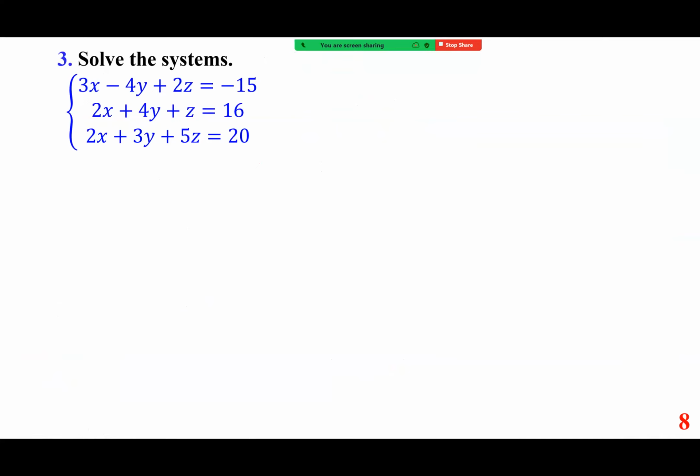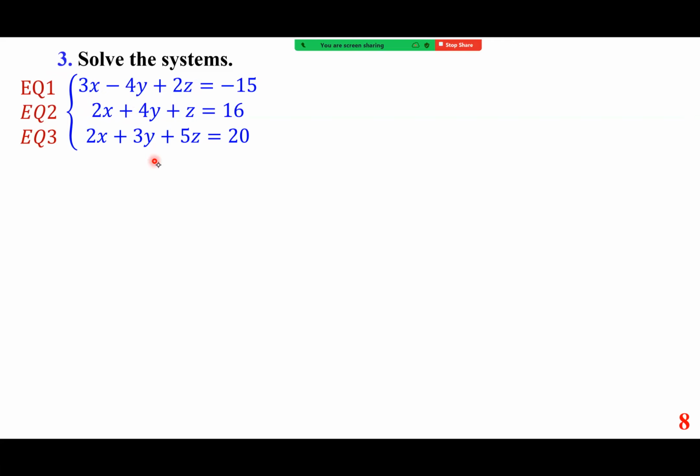All right, let's quickly look at both methods, again by hand and by using a calculator. It's a 3x3. So let's give them a name, equations 1, 2, 3, so we can refer back and forth.